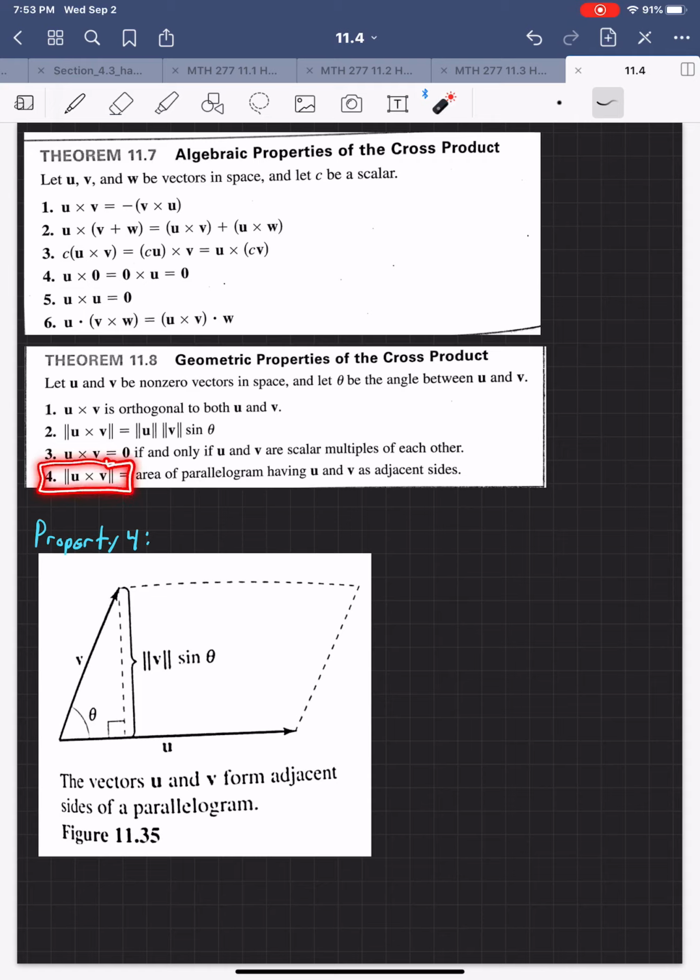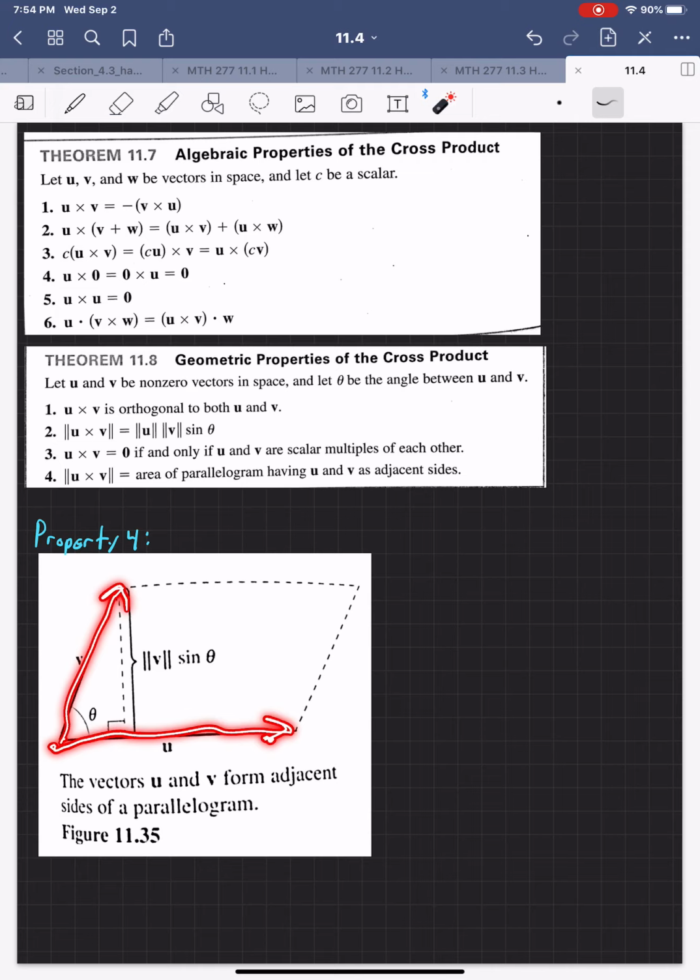So let's actually think about the magnitude of a cross product and what that would mean for us. So the idea is, you have a vector u and you have a vector v, horribly drawn. Okay? And you decide to take the cross product of those vectors.